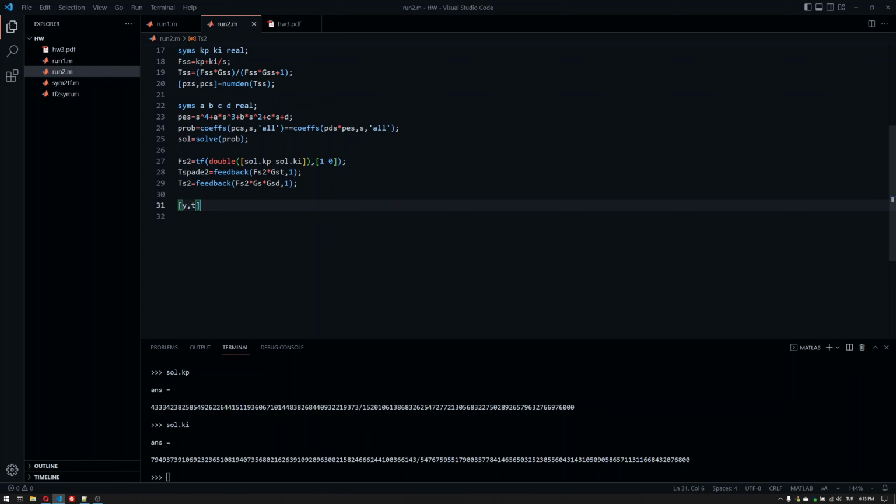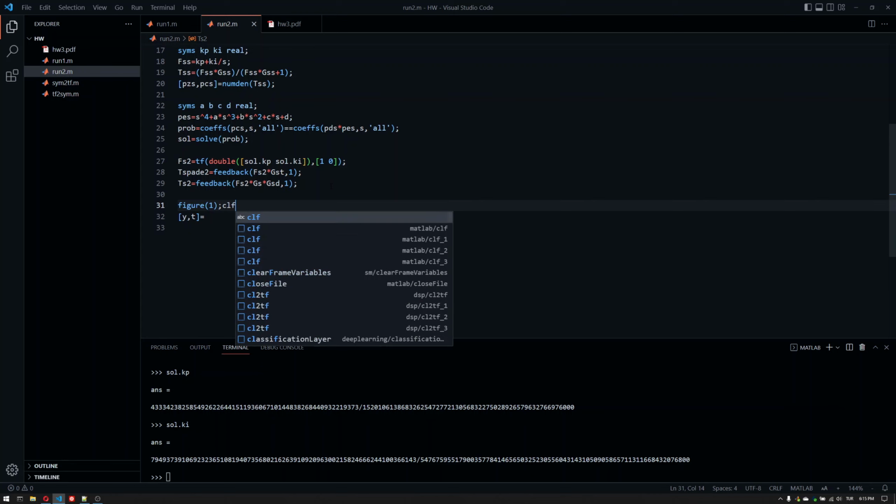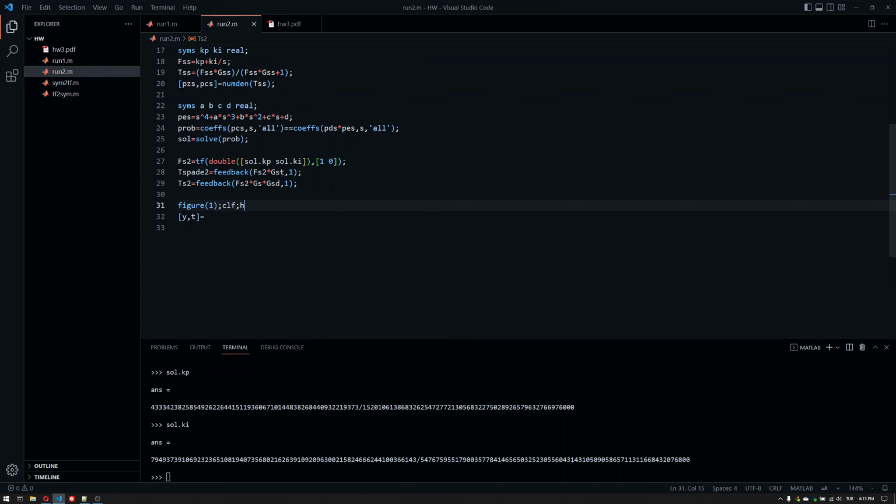So let's create another figure, and I can start counting from 1 again here, and then hold on, grid on. So let's look at the step response of TS Padé 2, which is Y Padé 2, T Padé 2. So this should be Y. Let's call it Y2 and TS2.